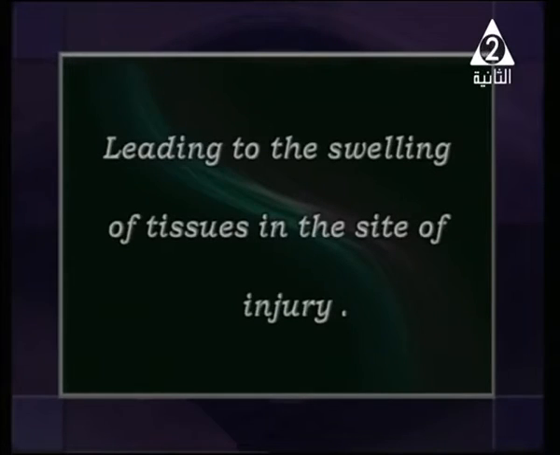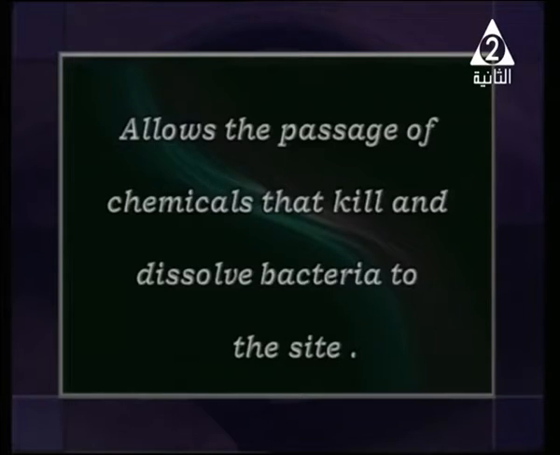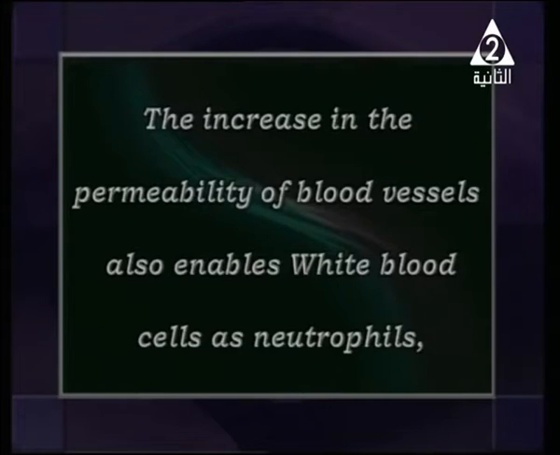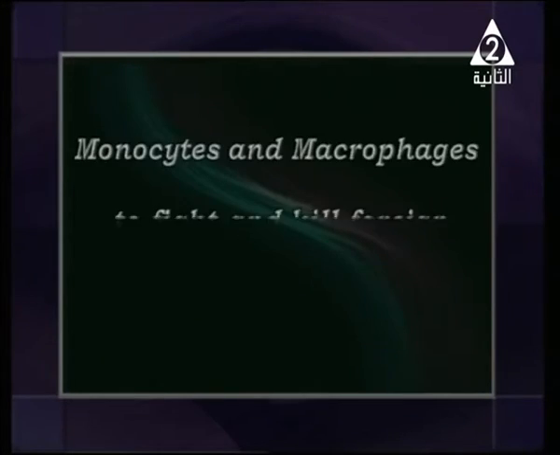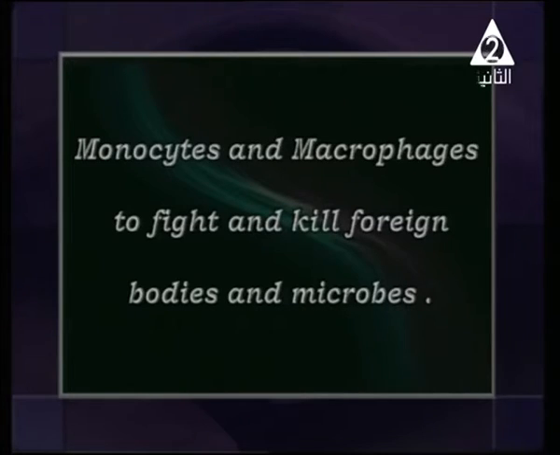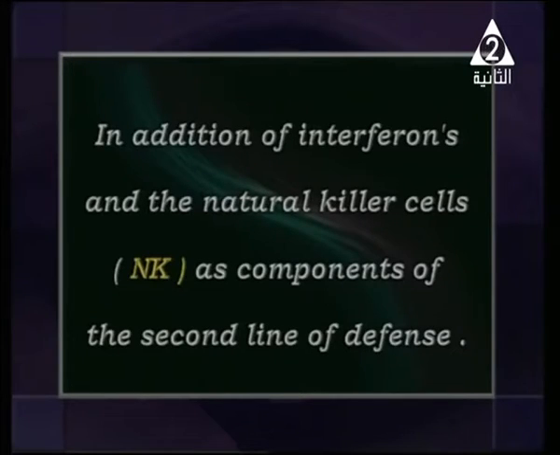Number two, this leads to swelling of tissues at the site of injury, and it also allows the passage of chemicals that kill and dissolve bacteria to the site of infection. The increased permeability of blood vessels also enables white blood cells such as neutrophils, monocytes and macrophages to start fighting and killing foreign bodies and microbes, in addition to interferon and the natural killer cells as components of the second line of defense.